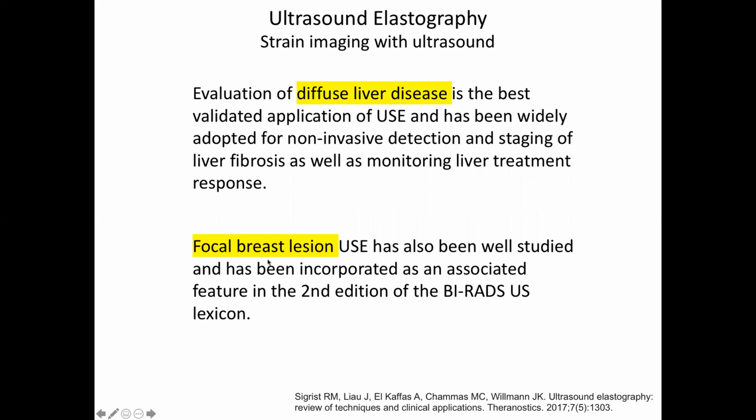The two primary applications for elastography, as it's often called, or strain imaging, are diffuse liver disease, which is probably one of the most important in healthcare, and breast lesions, sort of confirming that there's a lesion there. We will see in an example in a minute that once you see the breast lesion is there, you can confidently direct a biopsy needle to the right location.